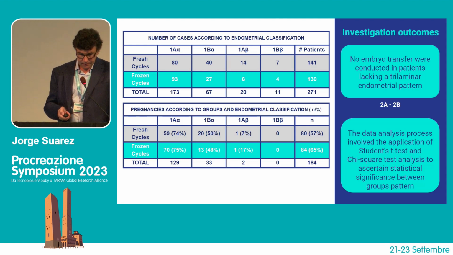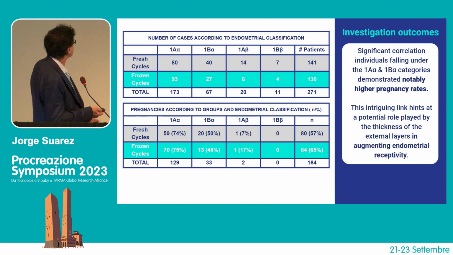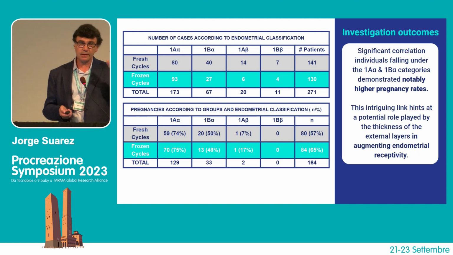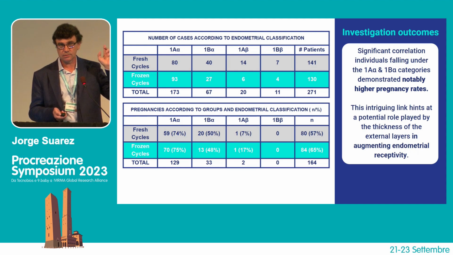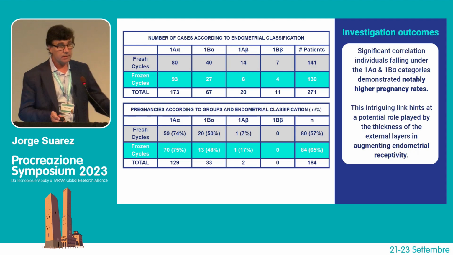Well, there is a very significant correlation between the external layers and the pregnancy rate, and as you see, in the categories 1A alpha and 1B alpha, the pregnancy rates are elevated.